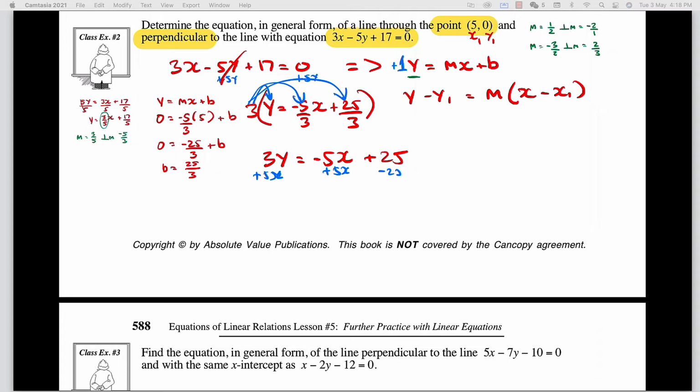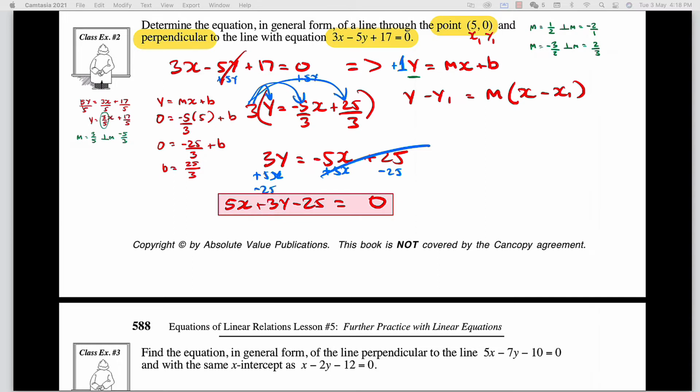And I'm going to subtract 25 from both sides. And that's going to cancel everything over here, leaving us with 0. And on the other side, I've got 5x plus 3y minus 25 equals 0. And that is going to be our final answer right there.